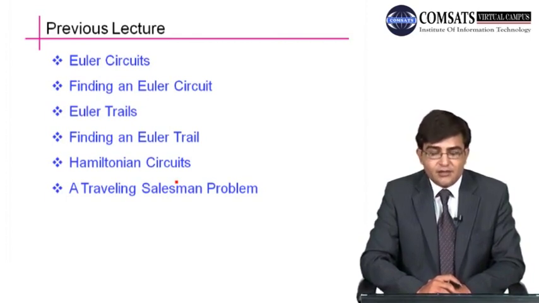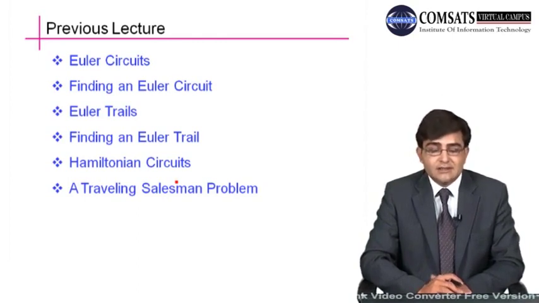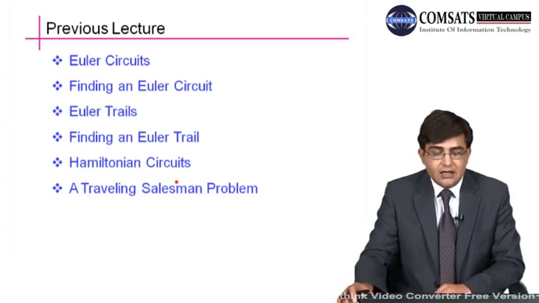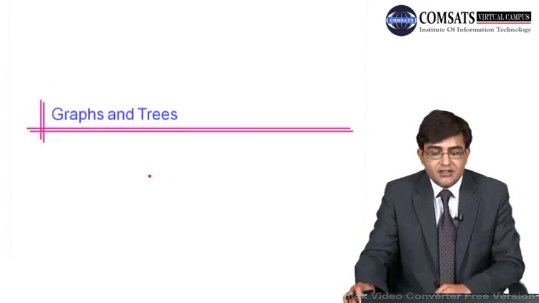Such types of problems we can solve using these topics, Hamiltonian and Euler circuits. Today we shall continue discussing some topics of graphs, and we shall also start trees, which is the next topic in the theory of graphs.